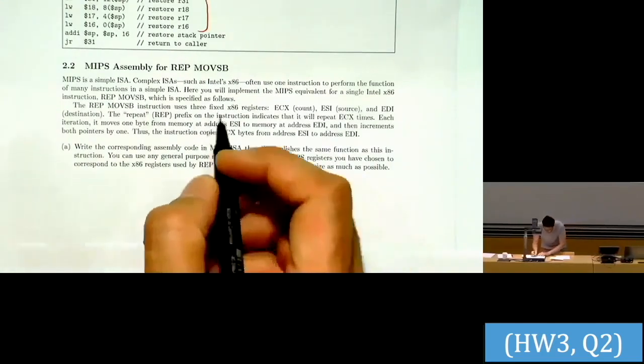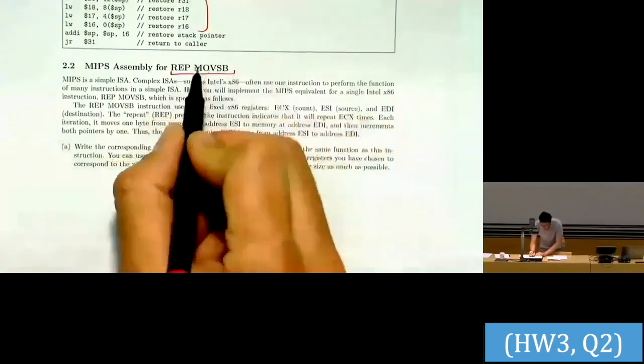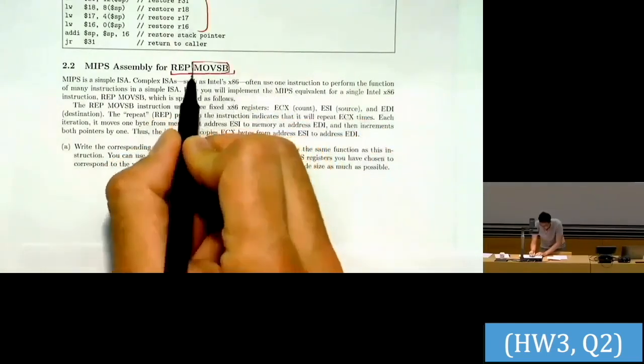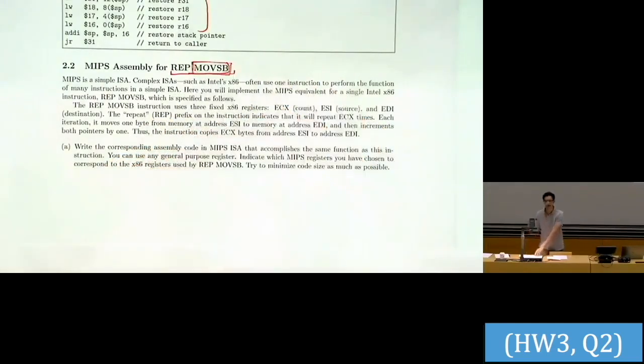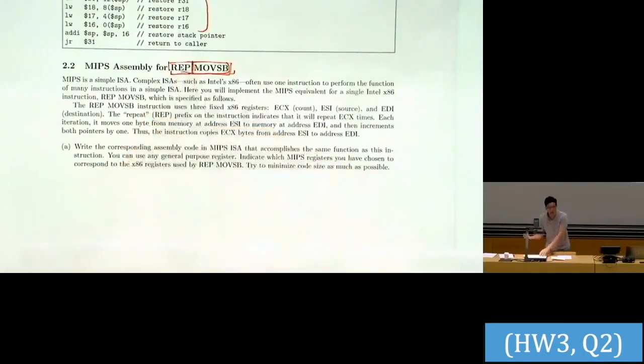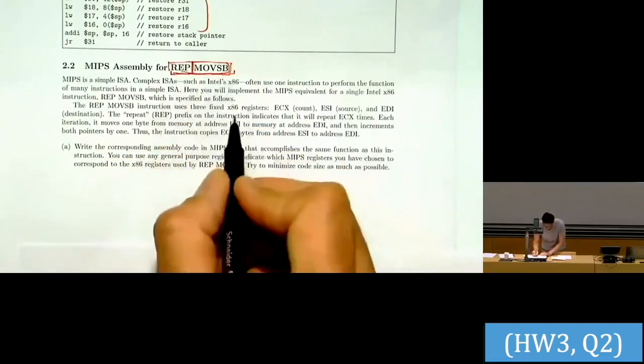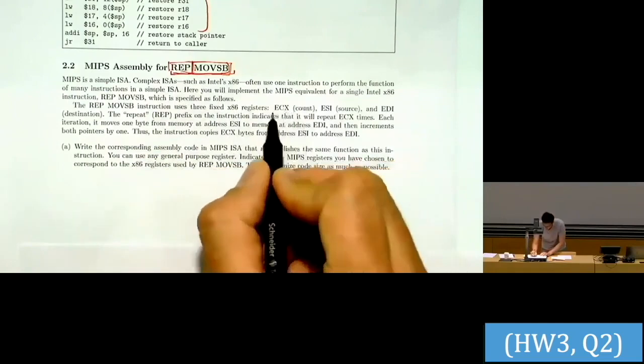And this x86 instruction is this rep movsb. The movsb part means that we are moving bytes, and the rep part means that this is going to be repeated several times. This instruction has 3 registers.